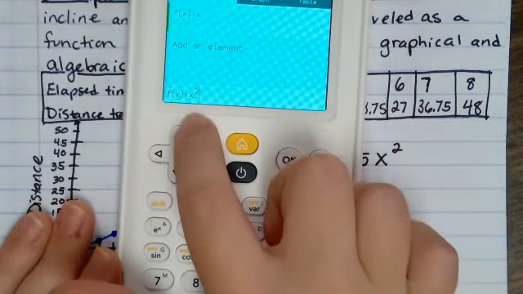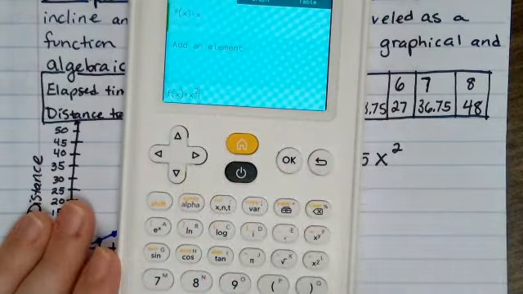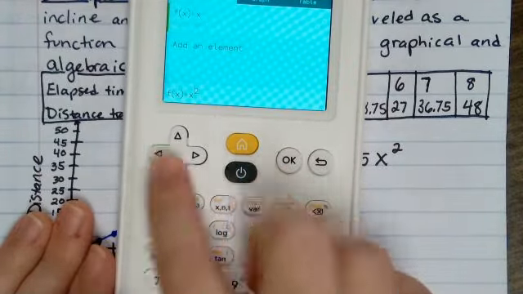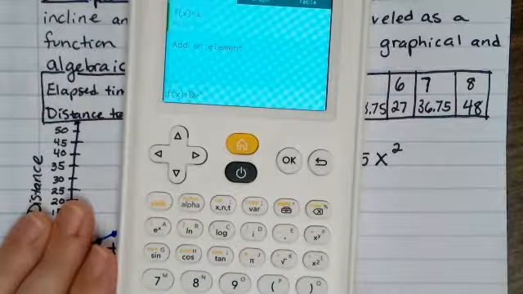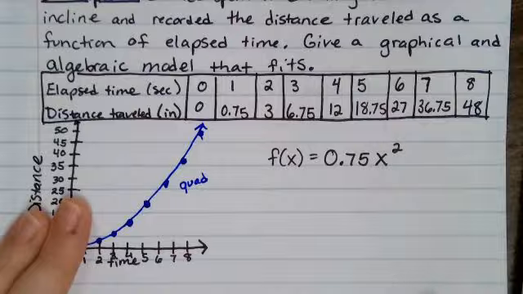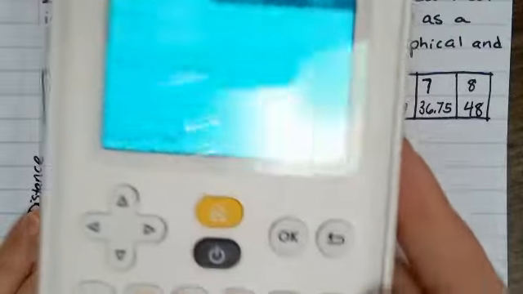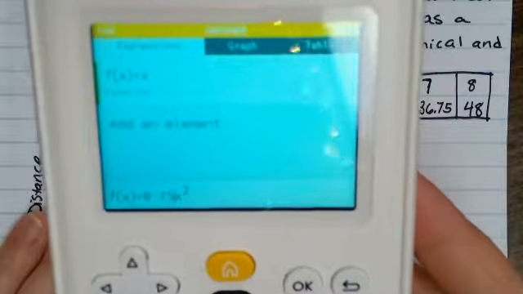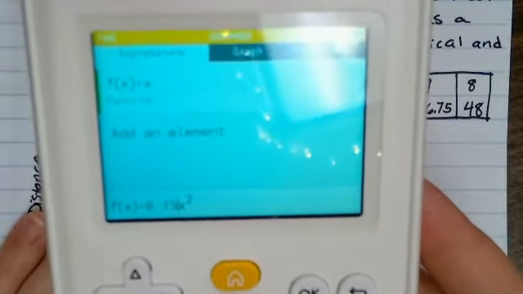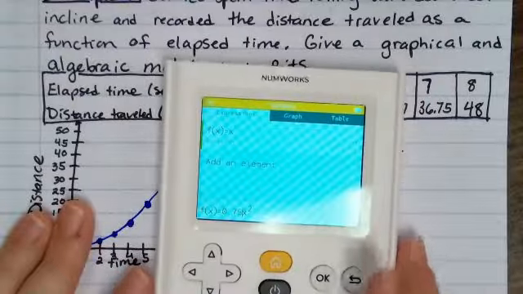It already had an x on the screen. I hit this, and it puts the squared on it. And I'm going to go up to the front and put that 0.75, like I had in my guess right there. So again, it's 0.75 x to the second power.